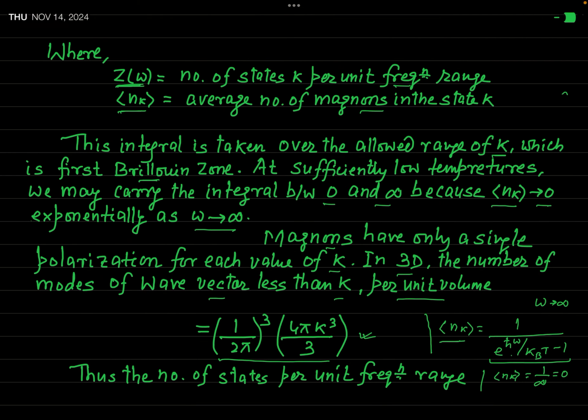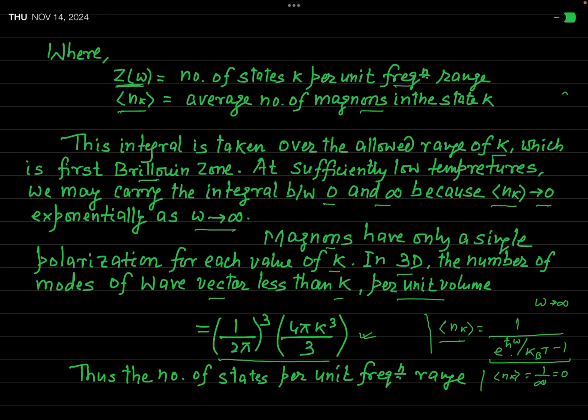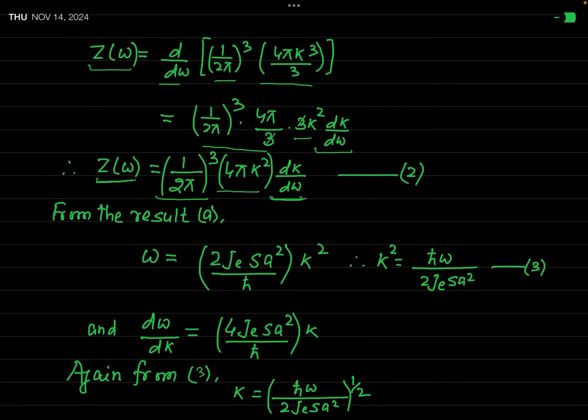And I have mentioned in the beginning of this lecture the dispersion relation particularly for longer wavelength. This is h bar omega equal to 2 JeS a square times k square. So using this result of the dispersion relation for long wavelength magnons, we can obtain the value of this derivative dk by d omega.